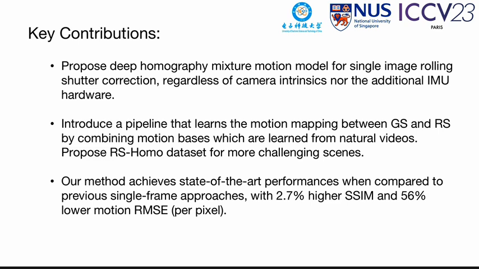Secondly, we introduce a pipeline that learns the motion mapping between GS and RS, that means global shutter and rolling shutter image pair, by combining motion bases which are learned from natural videos. We also propose a new RS Homo dataset for more challenging scenes in rolling shutter. Finally, our method achieves state-of-the-art performances when compared to previous single-frame approaches.